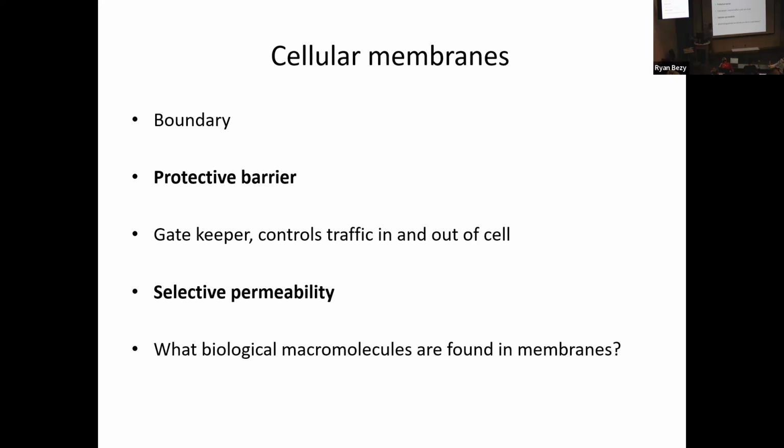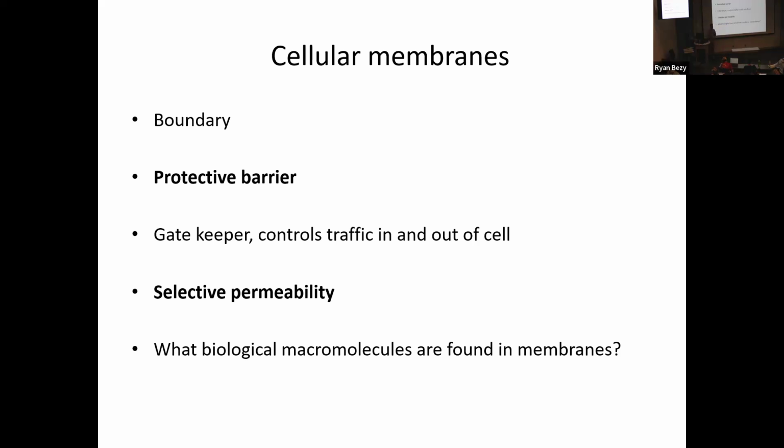It controls what can get into the cell and what cannot get into the cell. And not only that, it controls what can get in, but also out of the cell as well. So it is a gatekeeper, and it is a restrictive thing. It has what is called selective permeability.